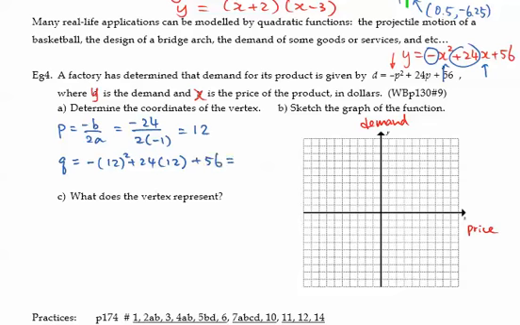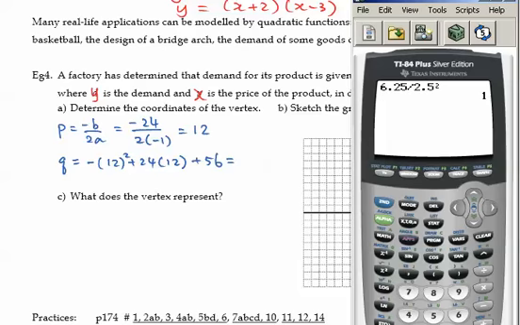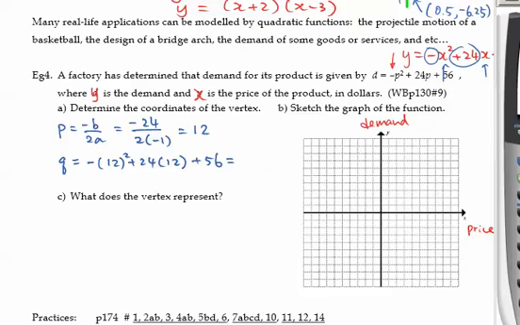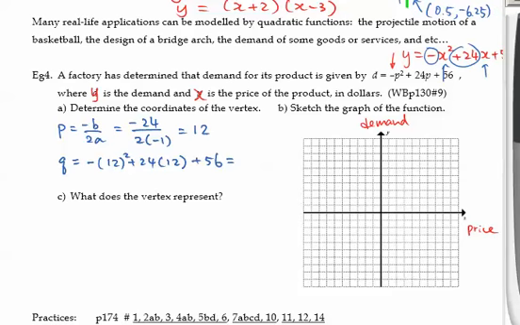And when you put it into your calculator, negative 12 squared plus 24 times 12 plus 56, that would give us the y-coordinate.